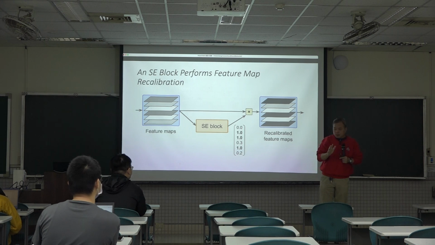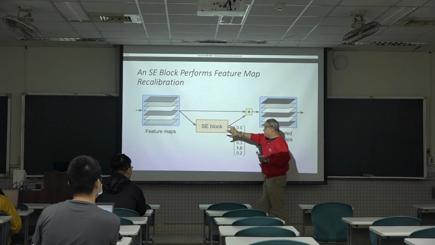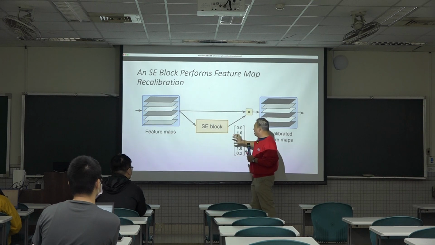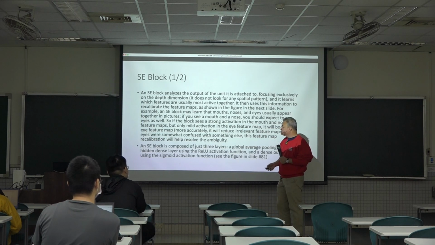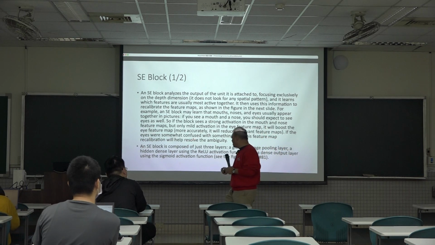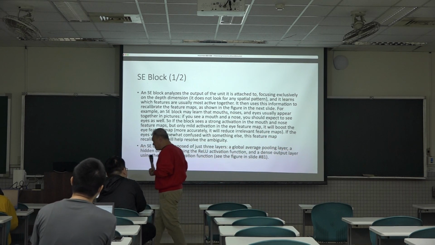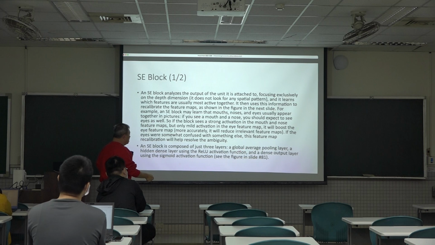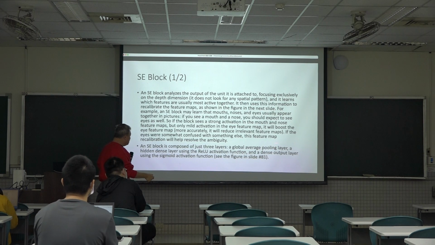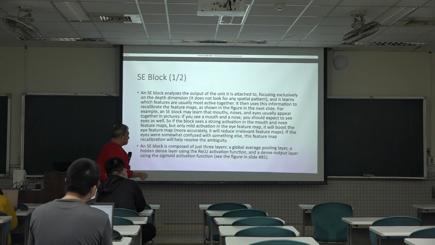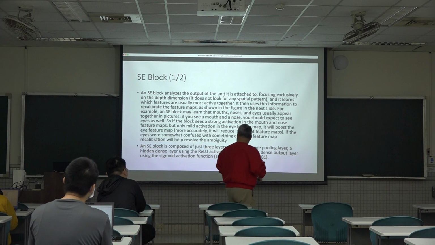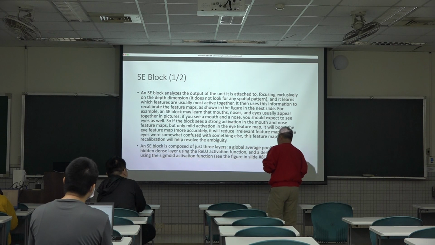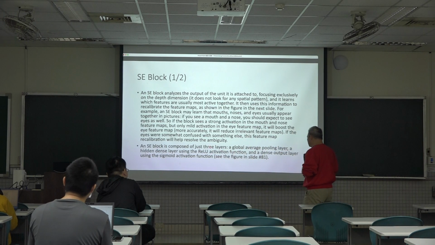So how does the SE block come up with this? The SE block is composed of just 3 layers, a very simple architecture. A global average pooling layer, which is going to reduce each feature map into one number. A hidden dense layer using the ReLU activation function.